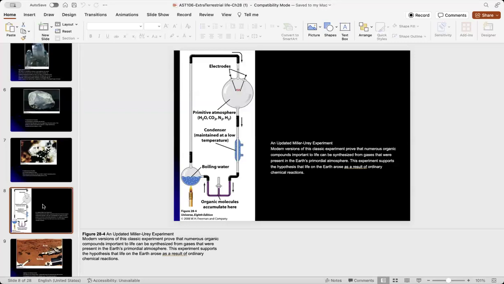Lightning happens in other planets also. So by setting up this experiment, having the water vapor, carbon dioxide, hydrogen, nitrogen, and subjecting it to electric spark caused formation of organic molecules, which proved that a similar process could have happened on Earth in the early times, from which organic molecules are formed and later on life was developed.